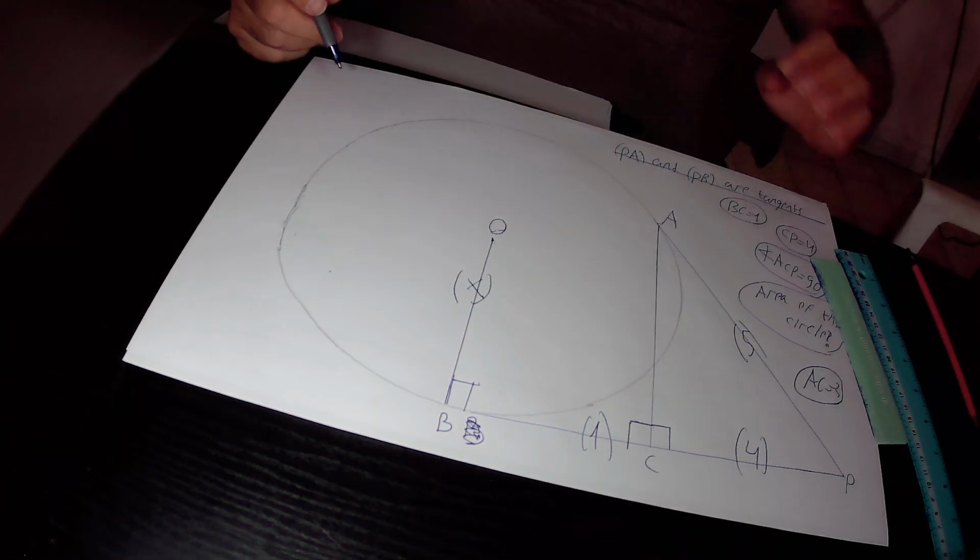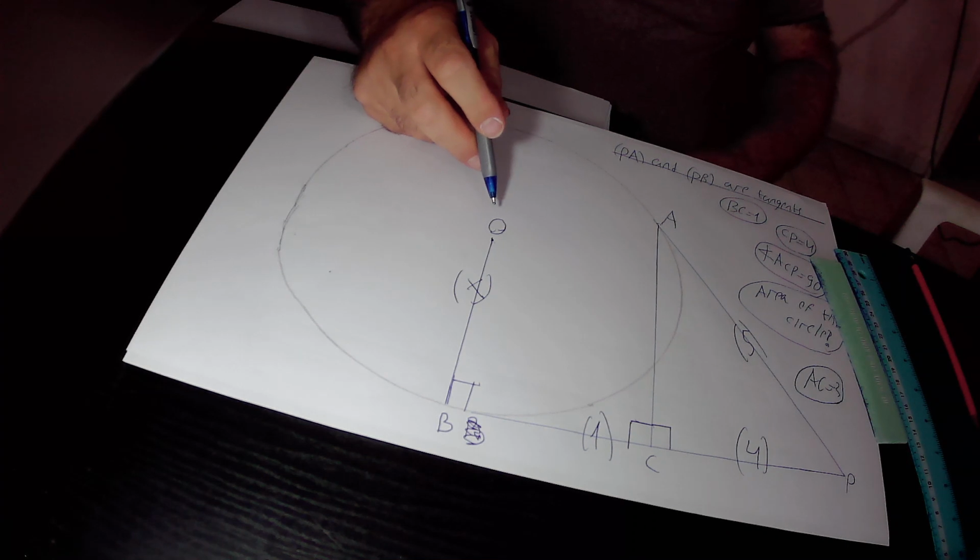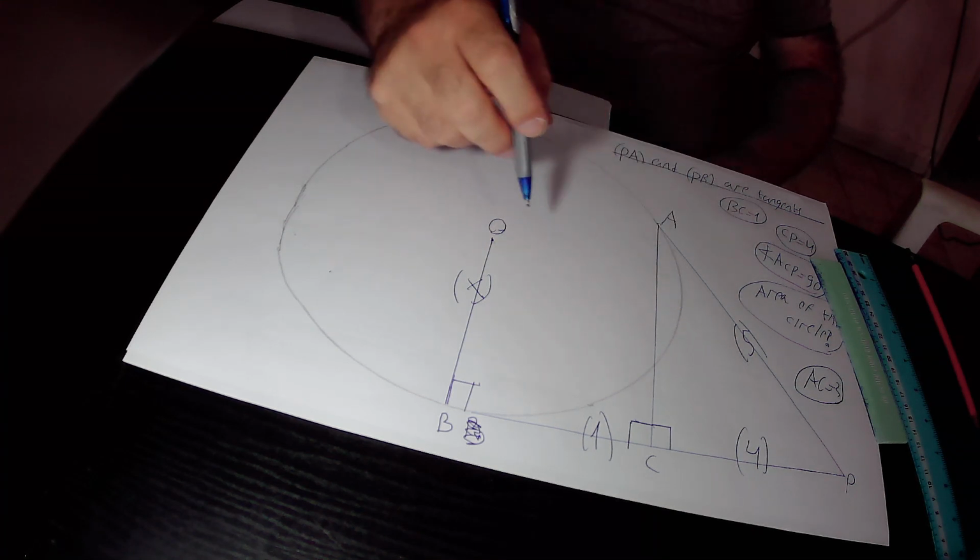In the next step, we will make a construction, that is to say, from point O, that is the center of the circle, we will draw a line perpendicular to AC.